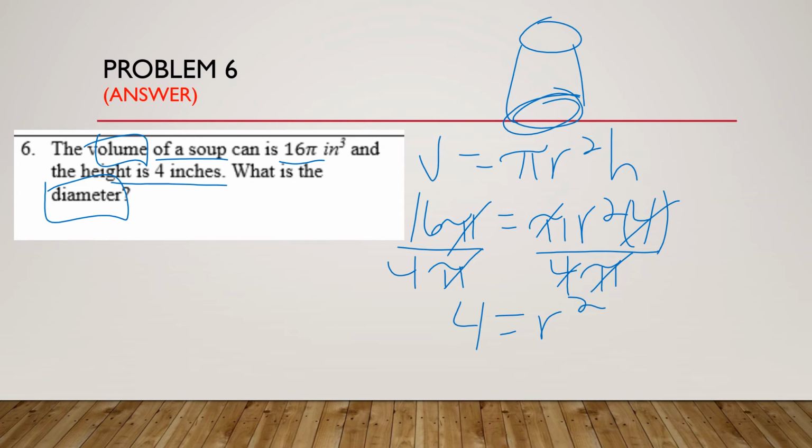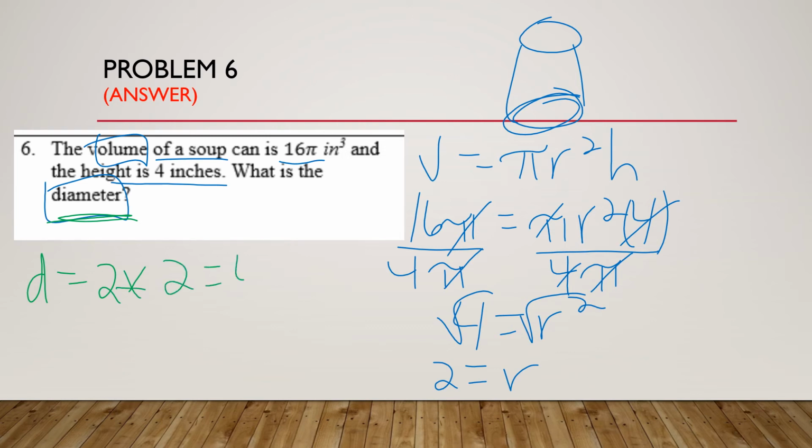To figure out our radius, we're going to take the square root of both sides. So 2 is equal to my radius. The question is asking for the diameter. We know diameter is equal to 2 times the radius. So we take 2 times the radius, which is 2, and that gives us 4 inches for a diameter.